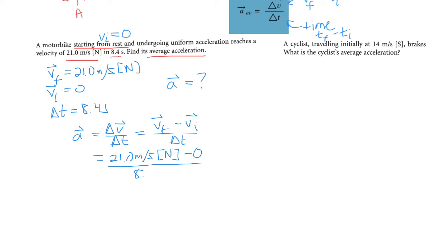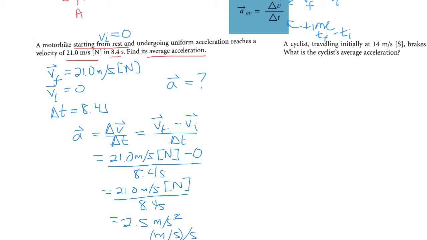And then we'll divide it by our time interval, which is 8.4 seconds. So on top, we will just get 21 minus 0 is 21. And make sure you do that subtraction first and then divide second. That's our little bit of BEDMAS from a while ago. So that's going to be 2.5 meters per second squared. So what this means is, another way of writing this is meters per second.